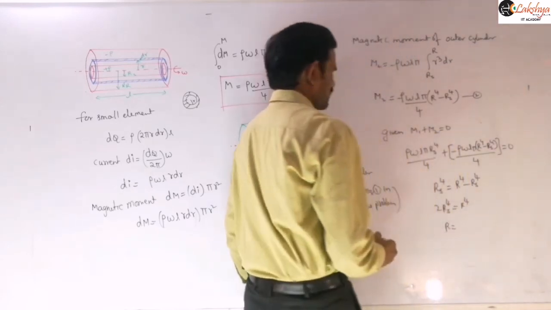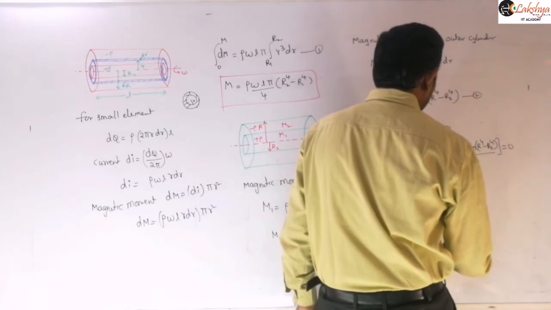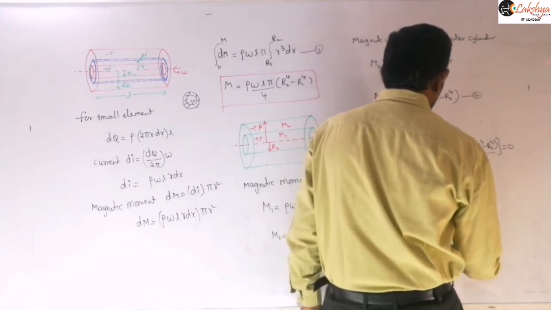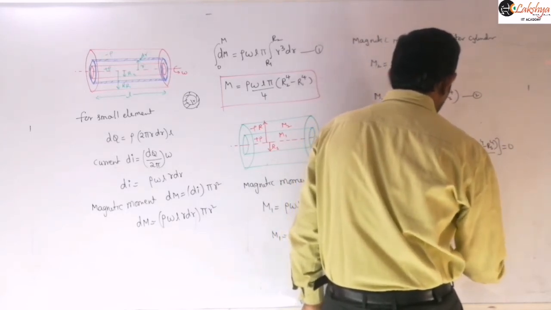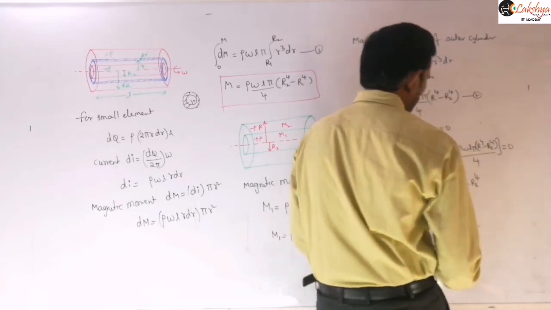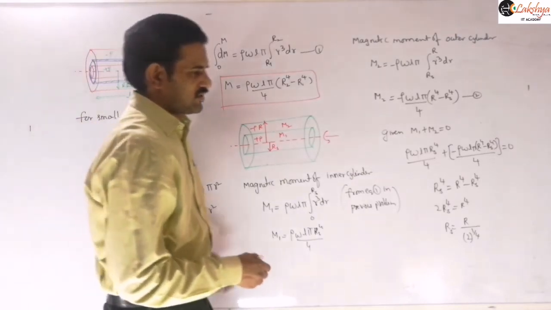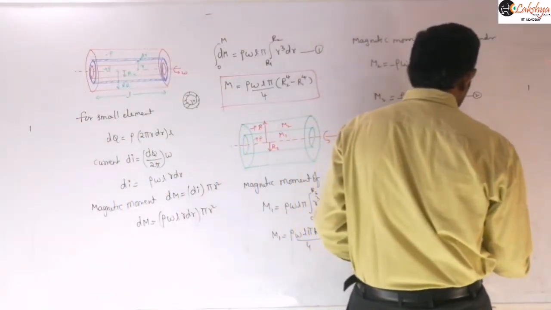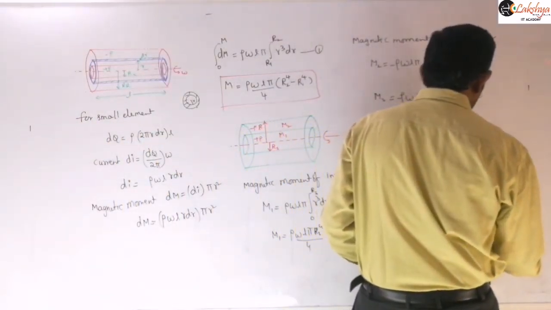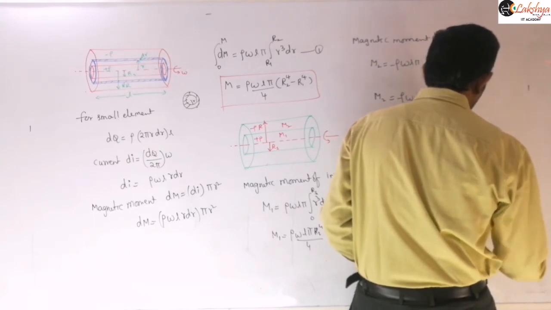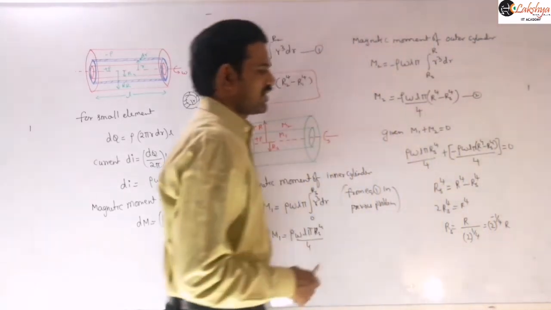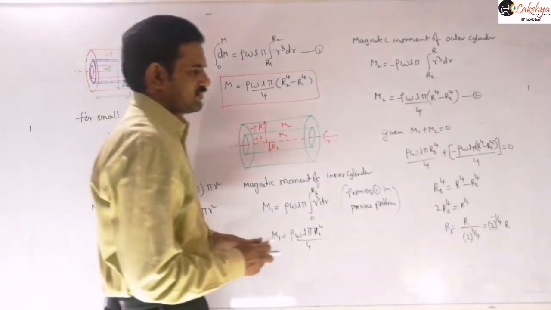And therefore Rs is equal to R by 2 power 1 by 4, or writing in the numerator, 2 power minus 1 by 4 into R. So it is a relation between R and Rs there, right?